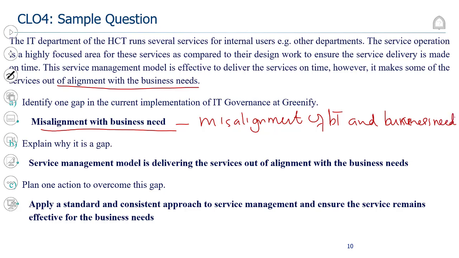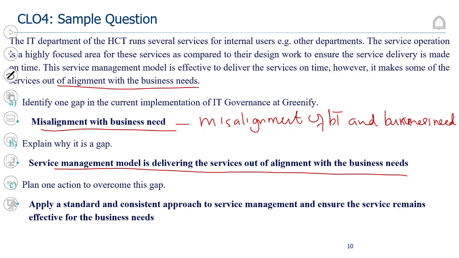The two are not aligned. Explain why. Because the answer is there: the service management model is delivering services which are out of alignment with the business needs. They have this service delivery model that is making things misaligned. So that is why it is a gap.